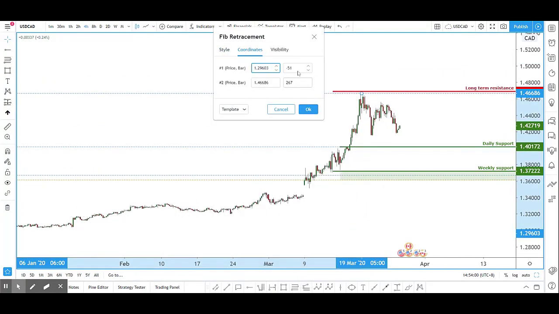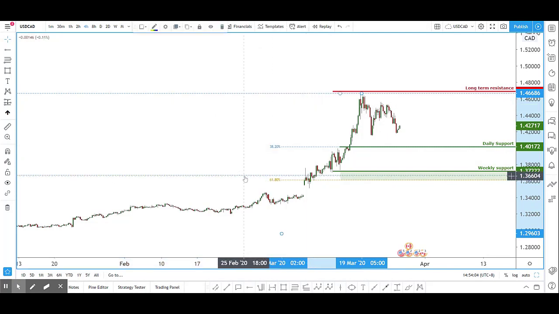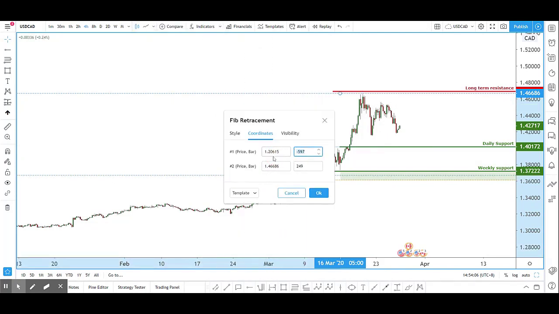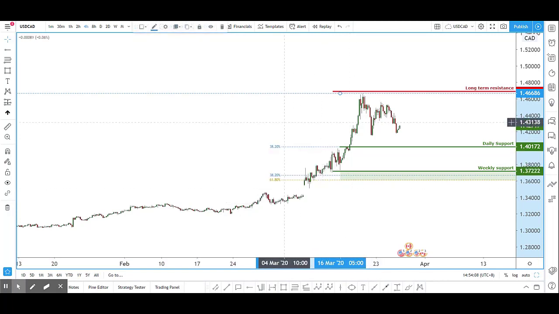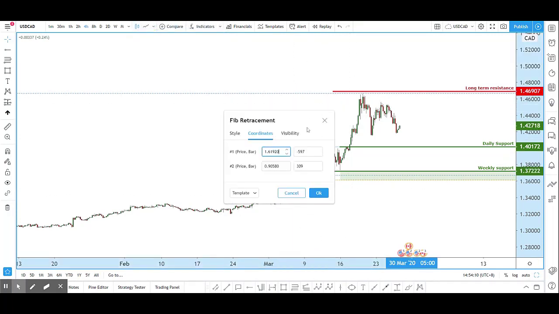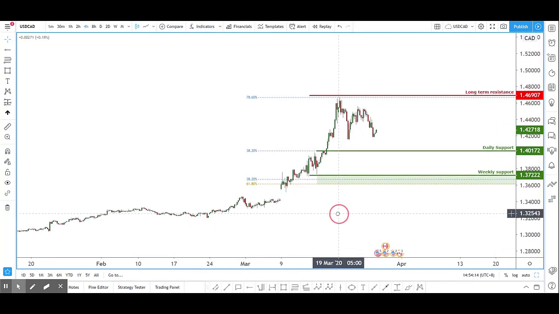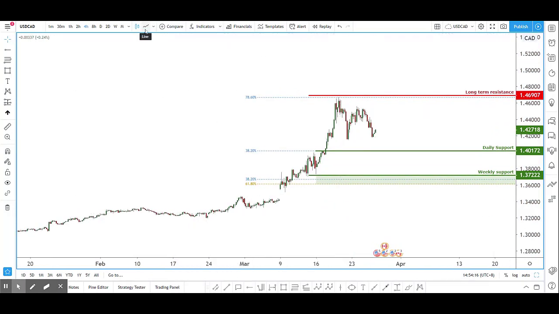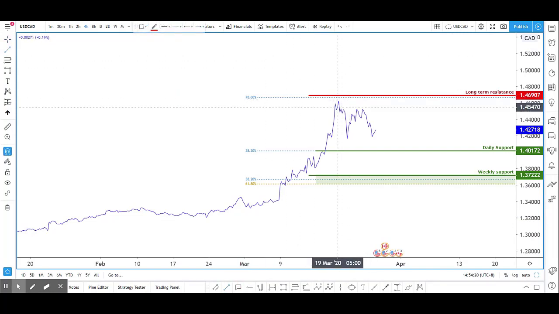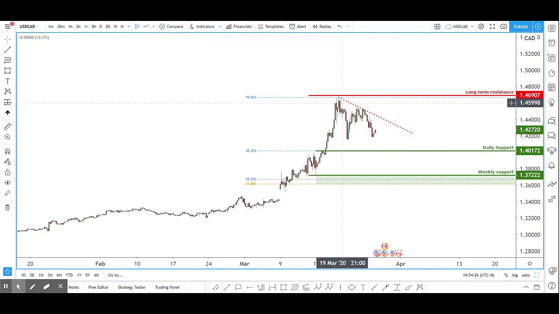Tidy this up. Okay, right now if we were to put the chart in close, we can actually draw a trend line, and you see that price sort of reacted below this descending trend line.